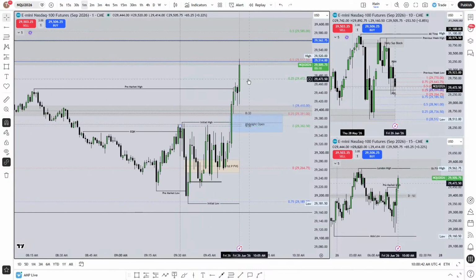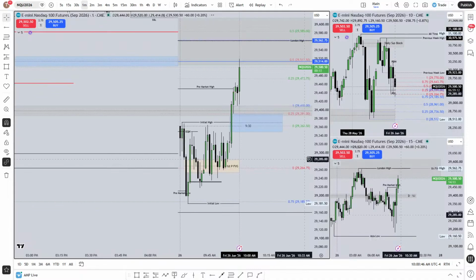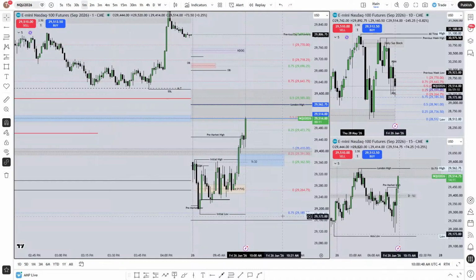We've hit the lower quadrant of the opening range gap. The midpoint is right above London high.